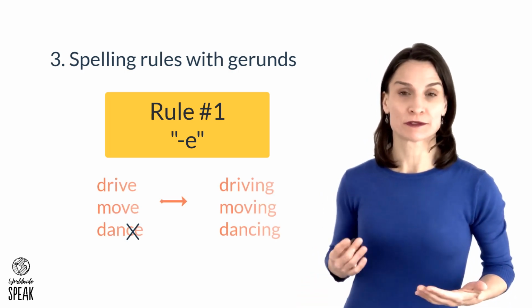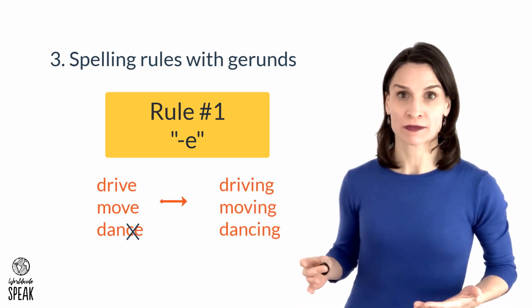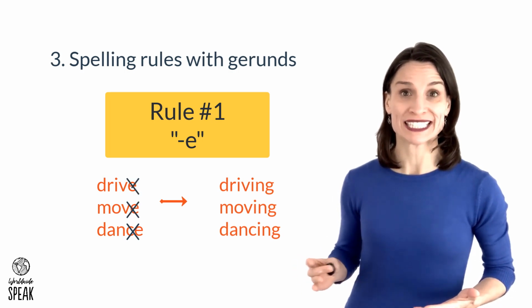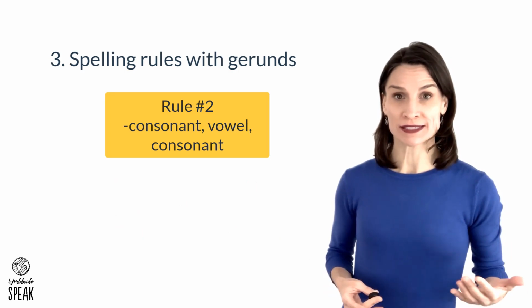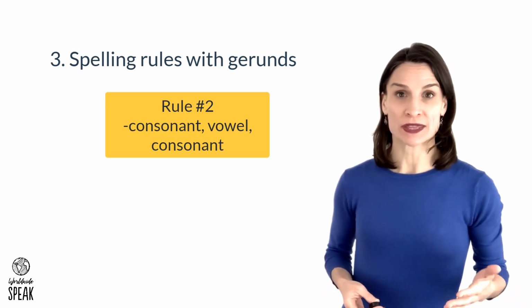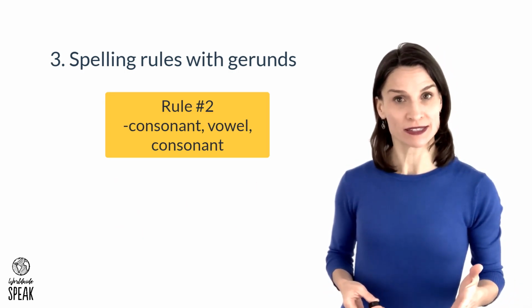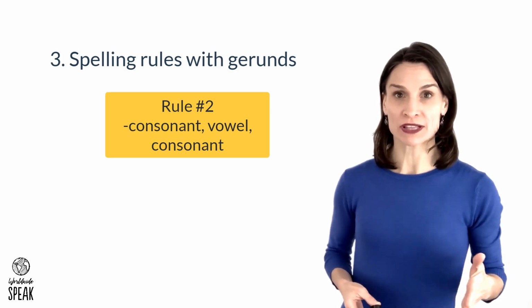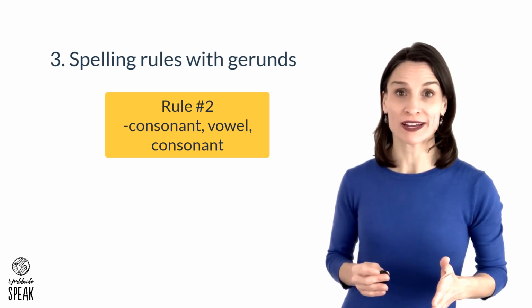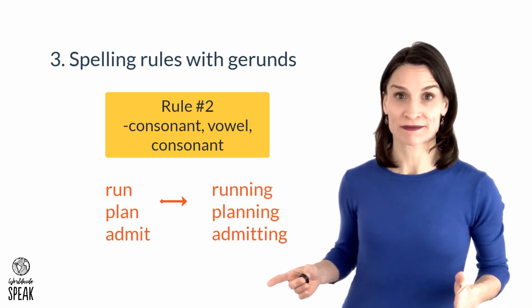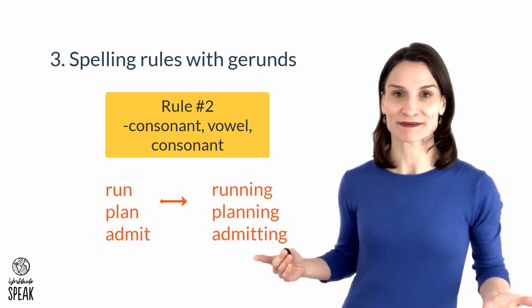For example, drive, driving, or move, moving, dance, dancing. Next, if you have a one-syllable word which ends with a consonant, vowel, consonant, you will double the last consonant before you add ing. For example, run, running, or plan, planning.